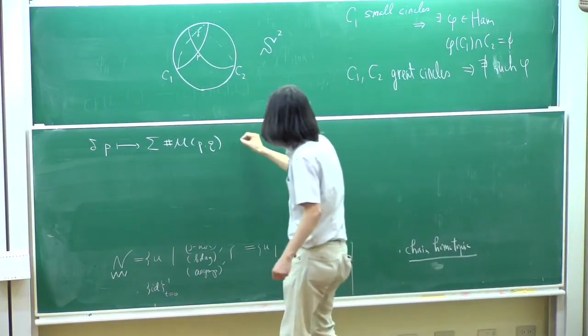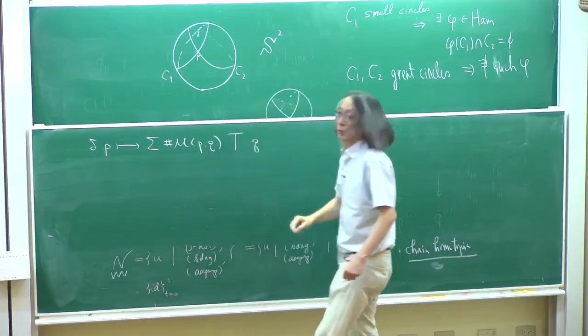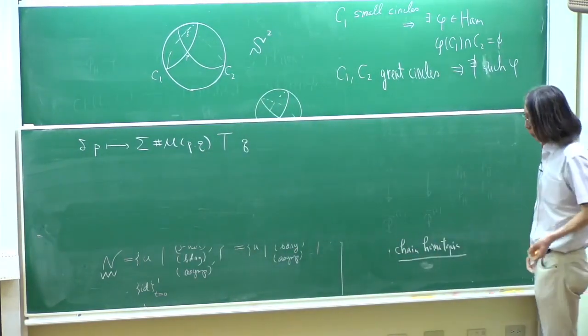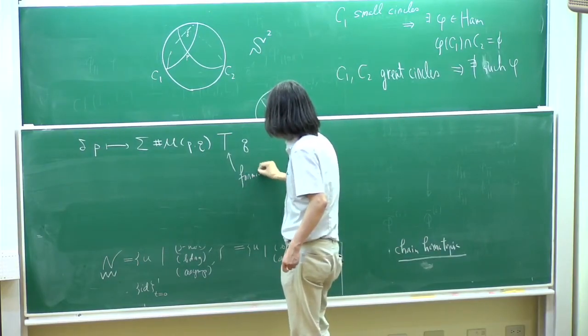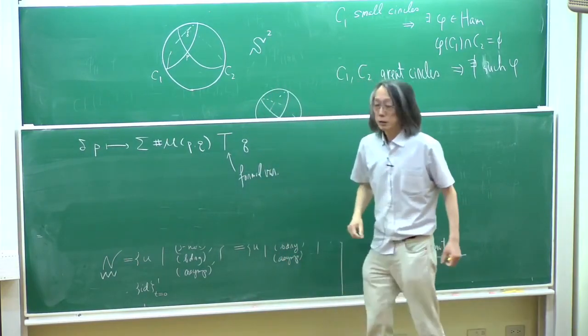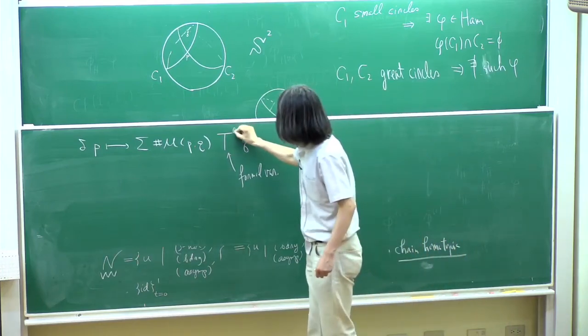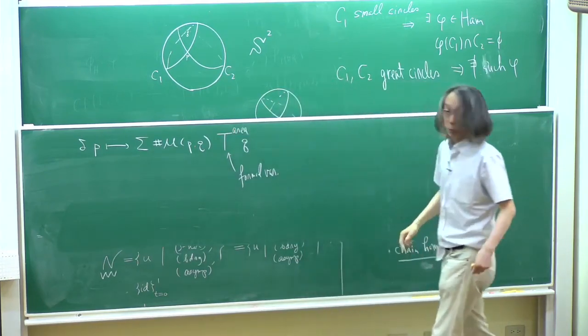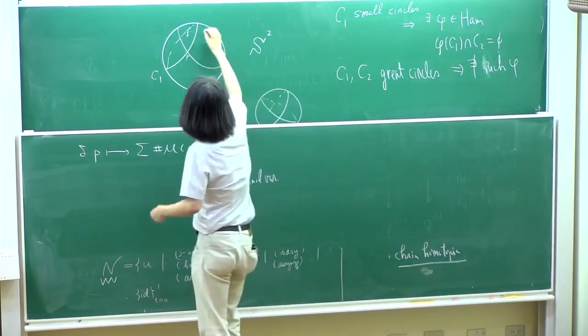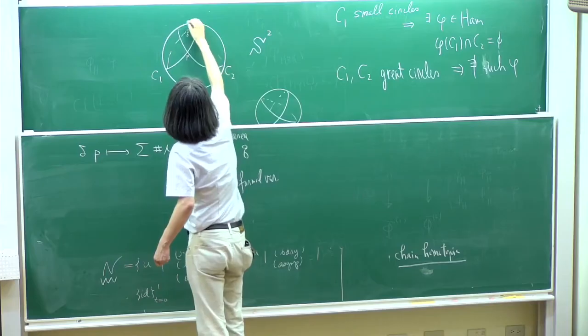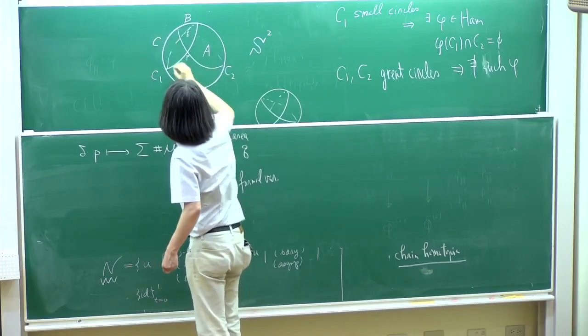So I put a formal variable T, and then put the area of the holomorphic strip. So here, for instance, in this case, I have, say, A here, B here, C here, or D here.